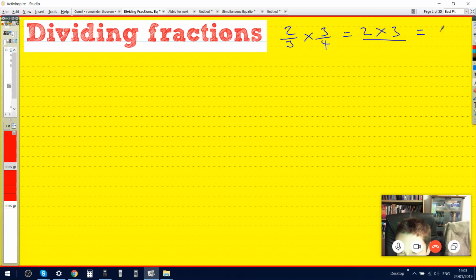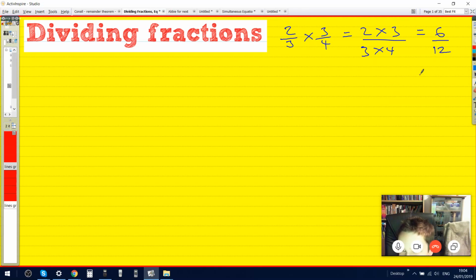Well, 2 times 3 is 6. And what about the denominator? I think we times them together as well. Correct, and that equals 12. And so what's your answer? 6/12.